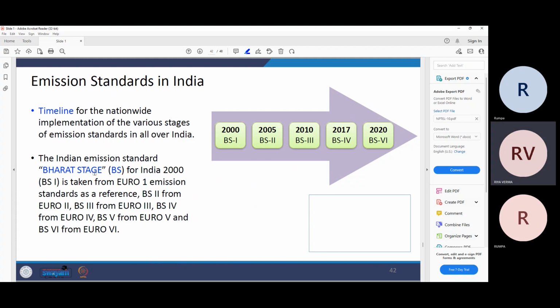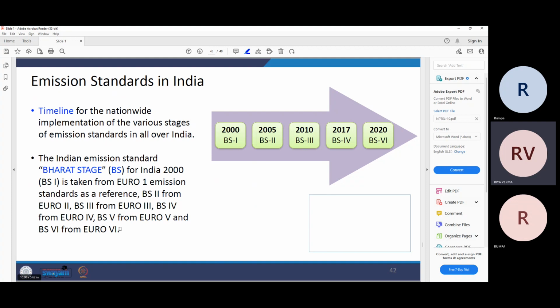The emission standard Bharat Stage for India 2000, BS1, was taken from Euro 1 emission standards as a reference. For BS2, Euro 2 was the reference. For BS3, which was adopted in 2010, the reference was Euro 3. BS4, which was in 2017, the reference was Euro 4.